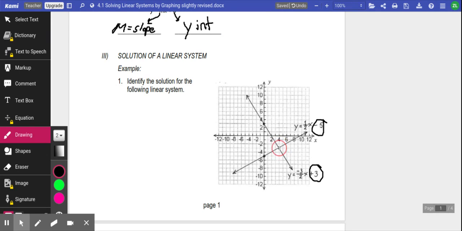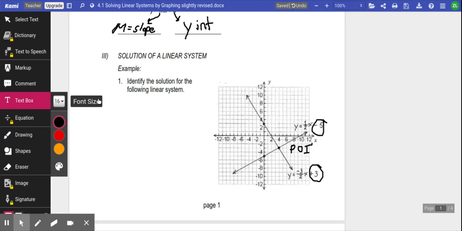And this point here is where they both intersect. That point, POI, is what we call our point of intersection.